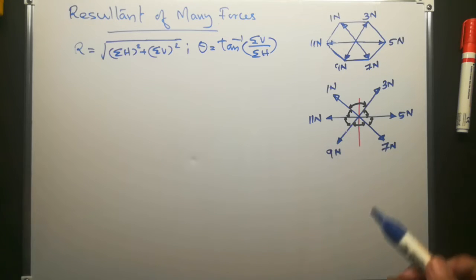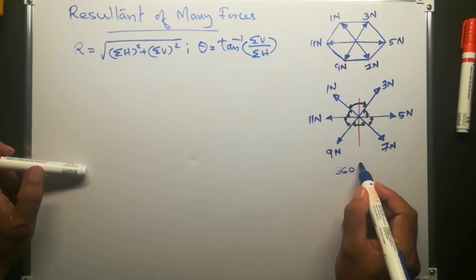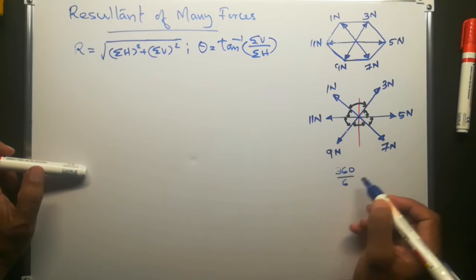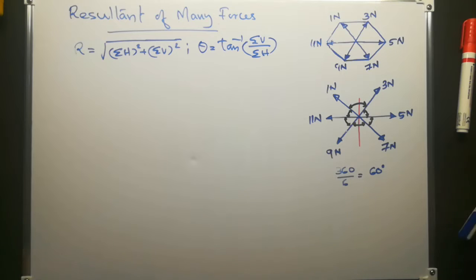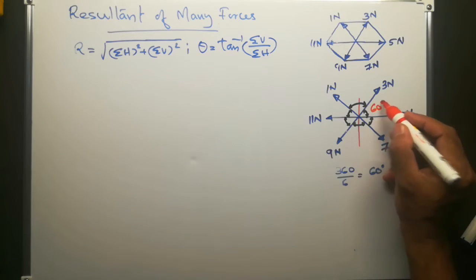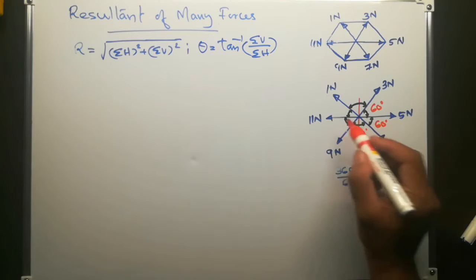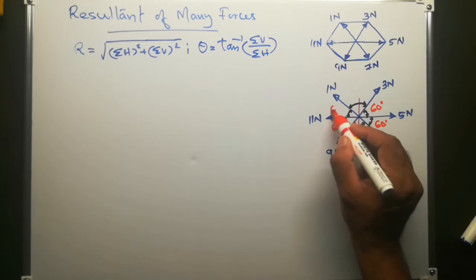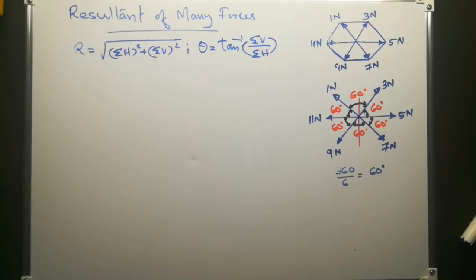Therefore, the total angle is 360 degrees and there are 6 angles, so each angle will be 360 by 6 equal to 60 degrees. These angles are each 60 degrees.